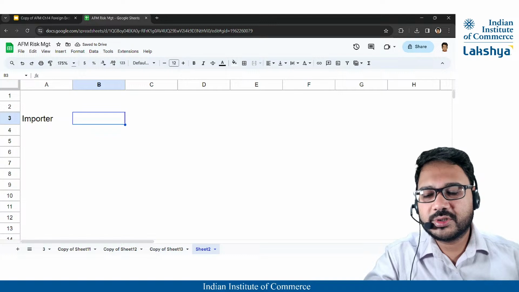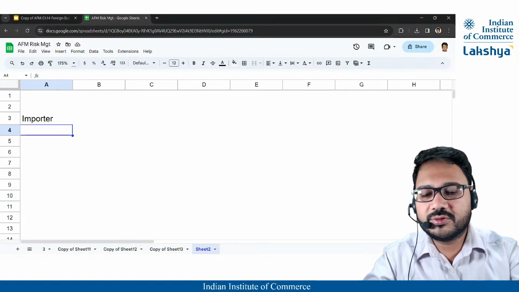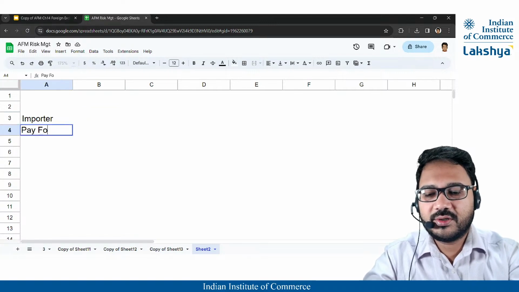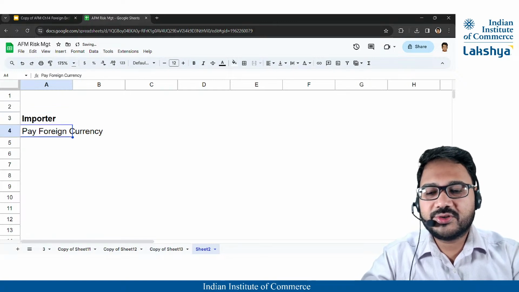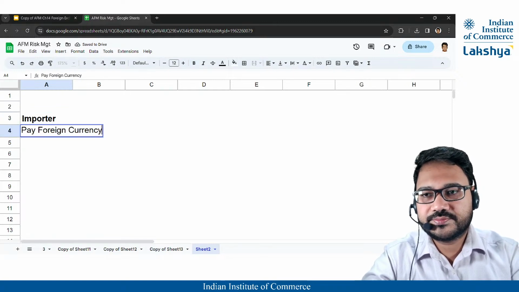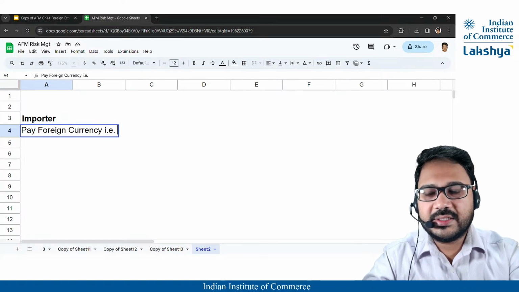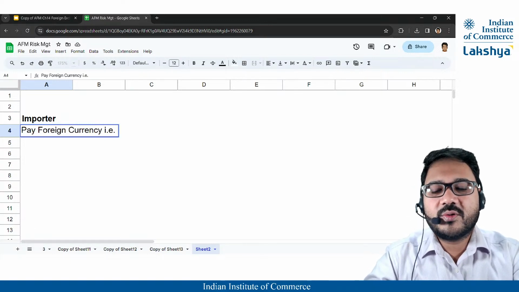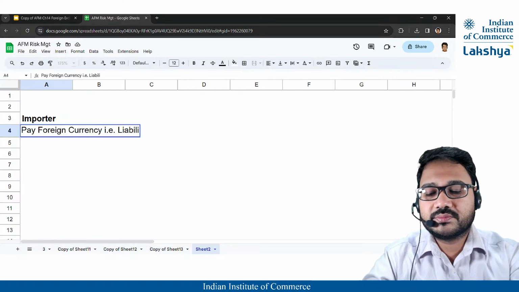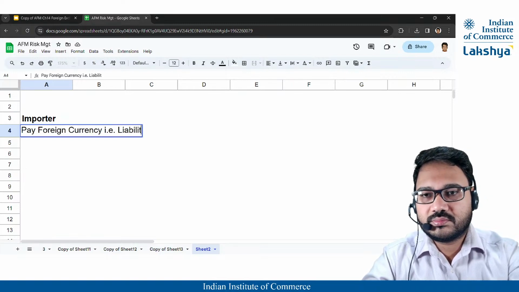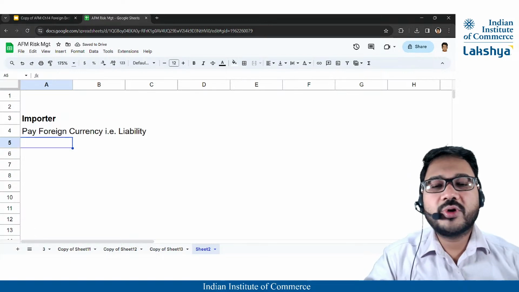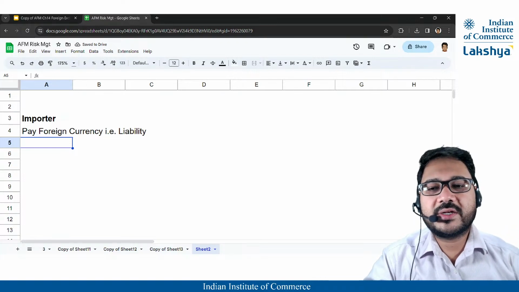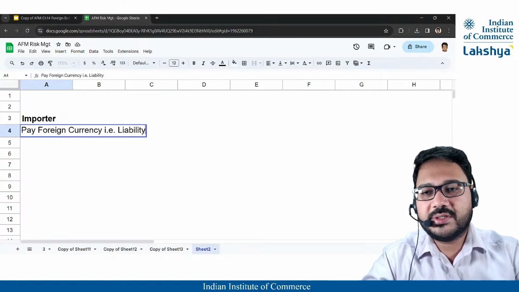So as an importer, you will need to pay foreign currency. Okay. So since you need to pay currency, it is a liability. Okay. So you have to pay the foreign currency. That is, you have a foreign liability.